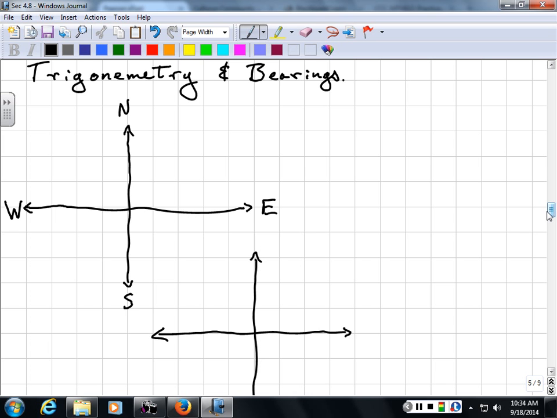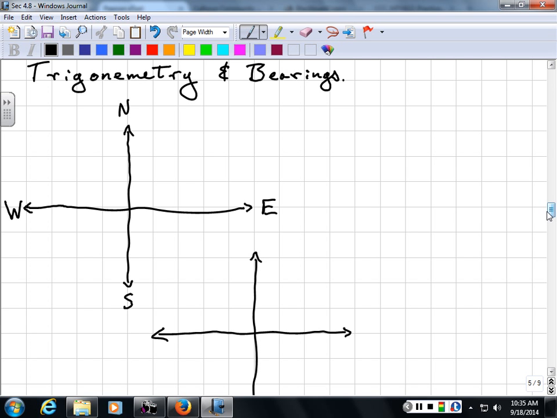All right, let's talk about trigonometry and bearings. I will not lie to you. This is where the majority of you mess up on a test. Bearings kick your tails. Why? Because every one of you guys has one of these things. How many of you actually know how to read a map anymore? Road map, yeah.